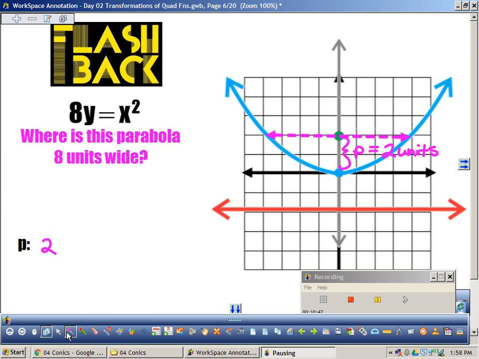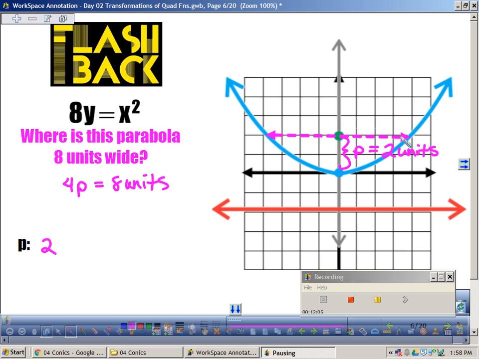Okay, so let's start with the 8. So 4p is 8 units. Then what would I do? Okay, so if I know that from here to here is 8, then half of it is going to be 2p, which would be 4 units, right?